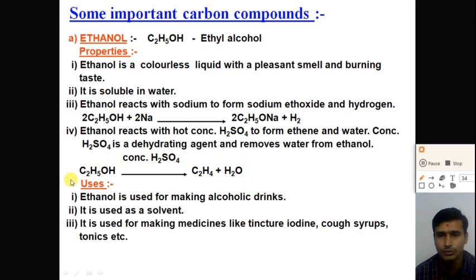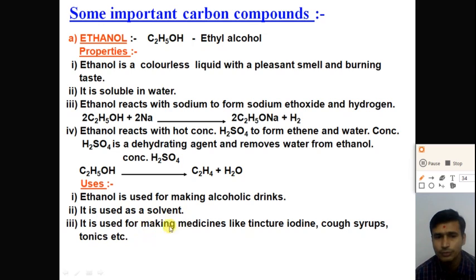So what are the uses of ethanol? Ethanol is used for making alcoholic drinks. We use ethanol in alcoholic drinks. Ethanol is used as a solvent, right?